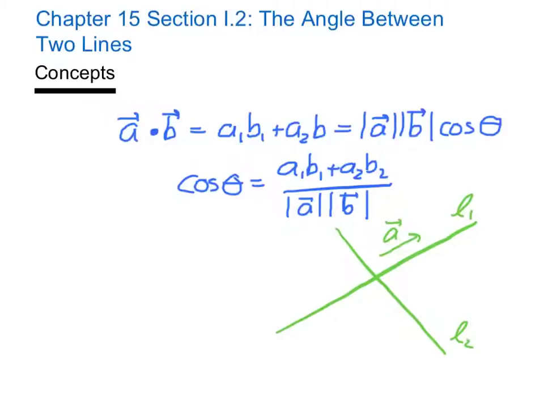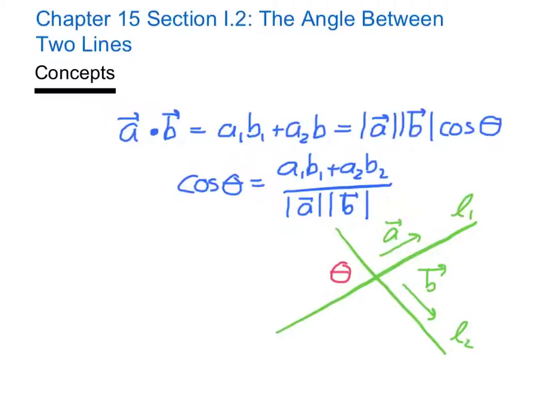We'll call this first direction vector, vector A, and the second direction vector, vector B. So if we know these direction vectors, we can use this version of the dot product to help us find angle theta. And in this case, we want theta to always be the acute angle.